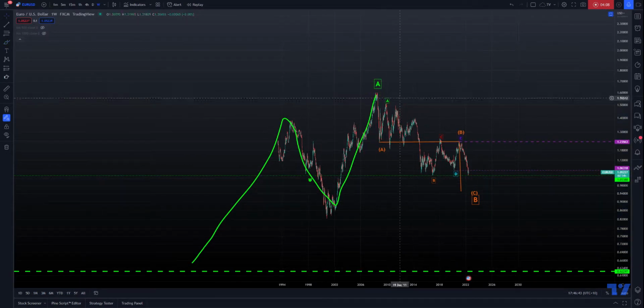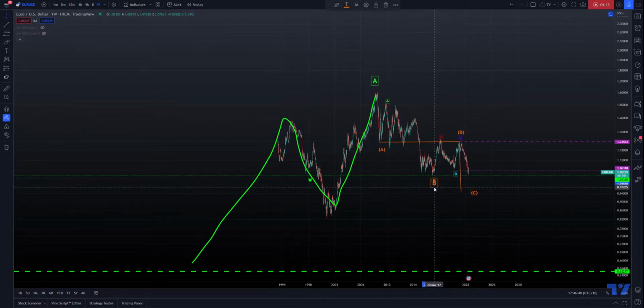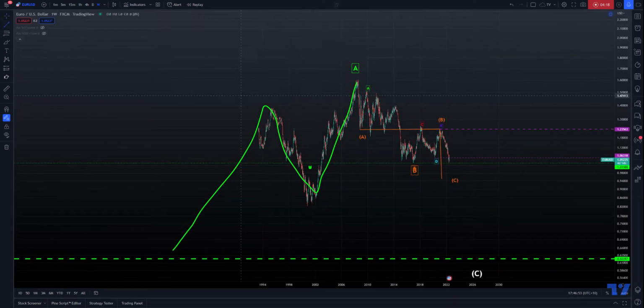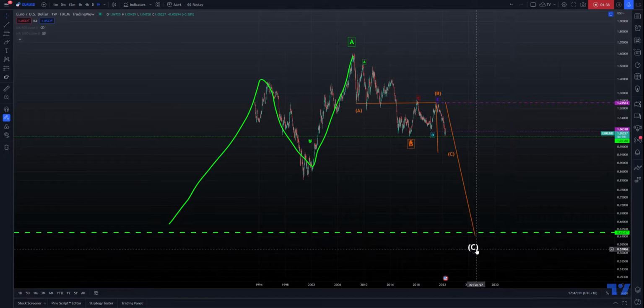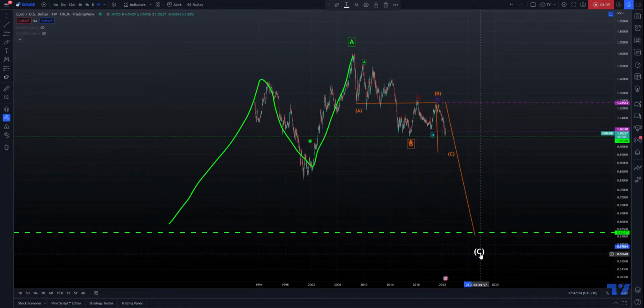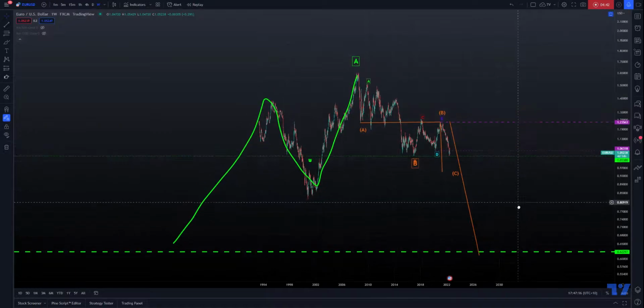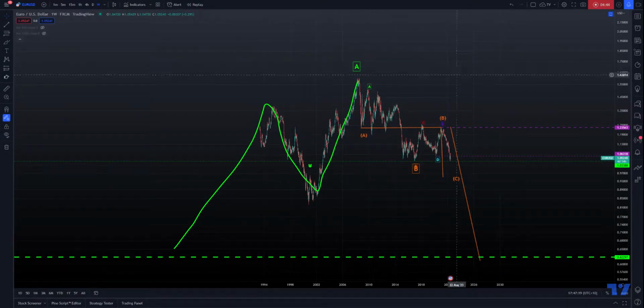Okay, so I was thinking that was an A wave, the B wave was here, that was the C wave, the D, the E, and then we had to see a move down to make a new low below any of the corrective patterns that you can see that have happened, right? So there's always going to be that 5 wave move to complete, if this was going to be a larger C wave or a larger 5 wave move, right? So that was the old thinking, right?